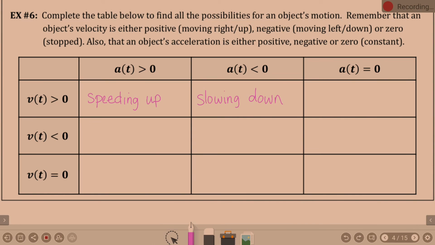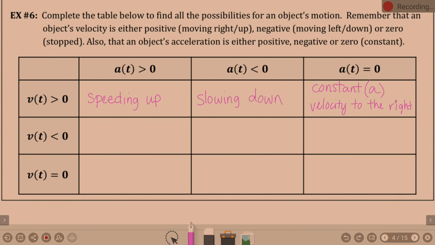Now, velocity is positive, but acceleration is 0. Constant acceleration. And where's my velocity taking me? To the right. Velocity is negative, acceleration is positive.